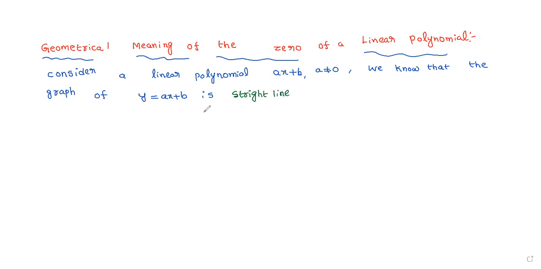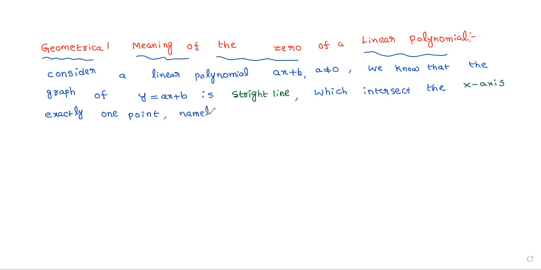So y equal to ax plus b represents a straight line which intersects the x-axis at exactly one point.